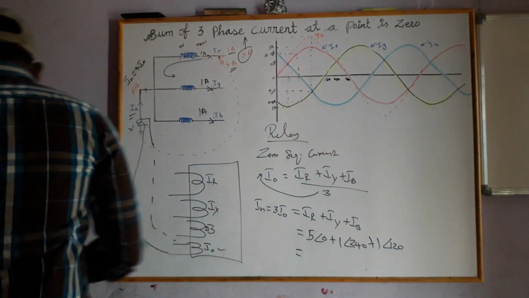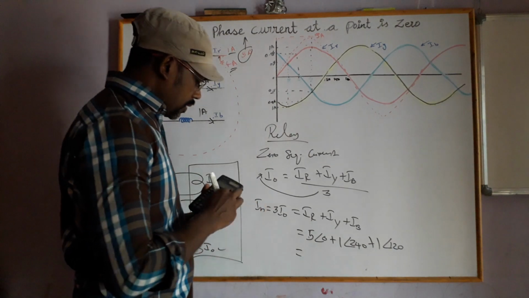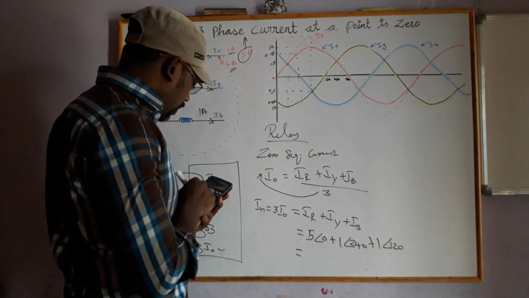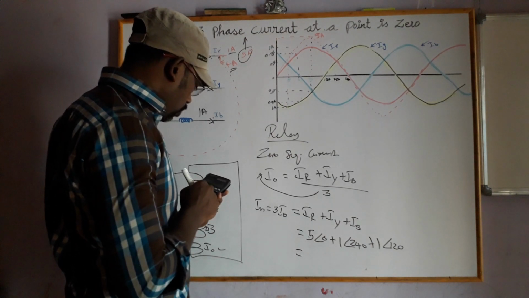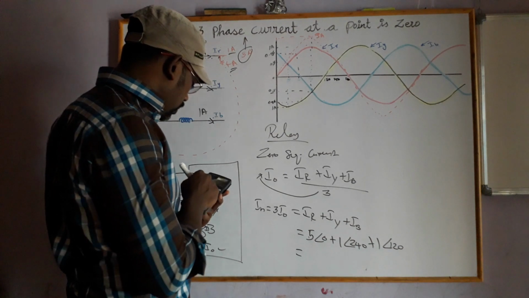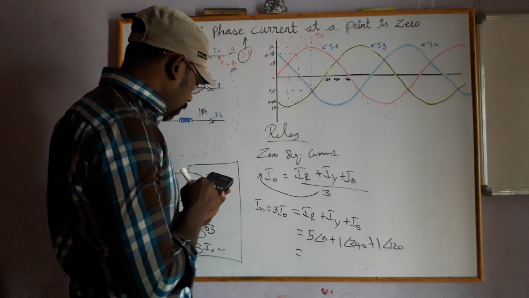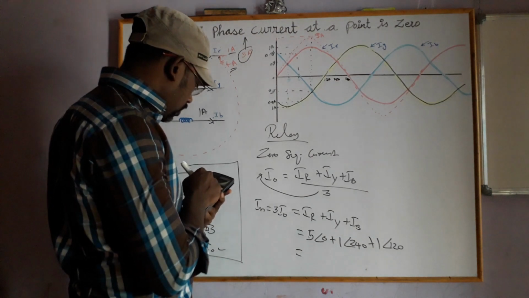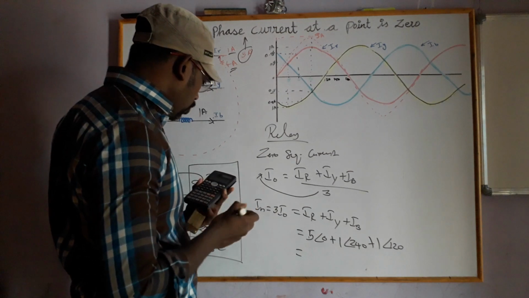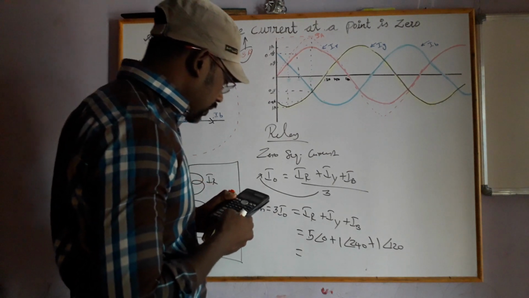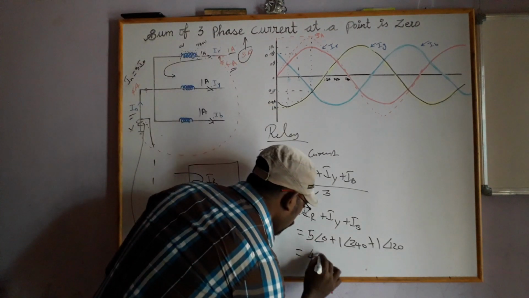When you add this, 5 angle 0 plus 1 angle 240 plus 1 angle 120, you get exactly 4 amps.